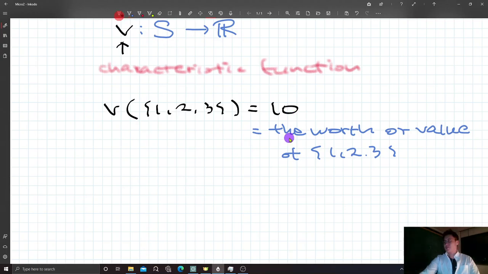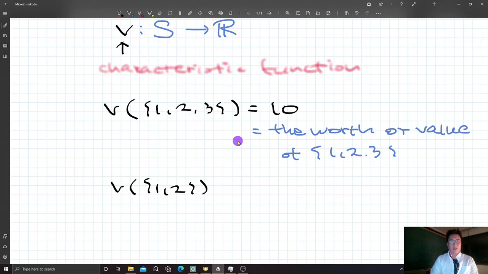If players 1 and 2 make a coalition, let me say the value is 9. So if they make a team, they can make a surplus of 9.